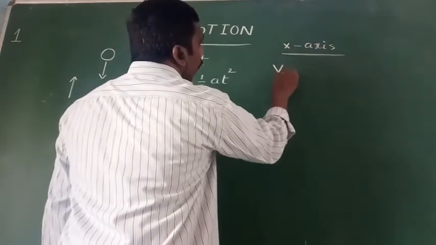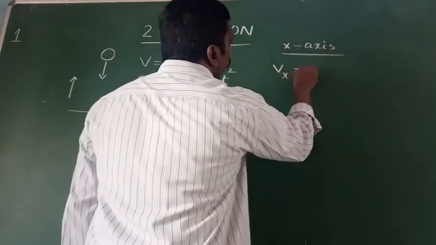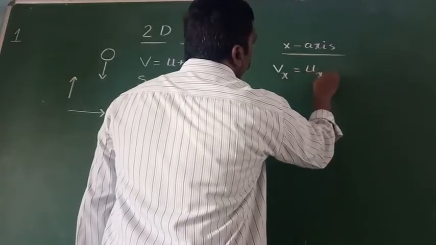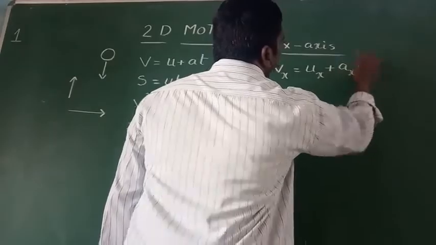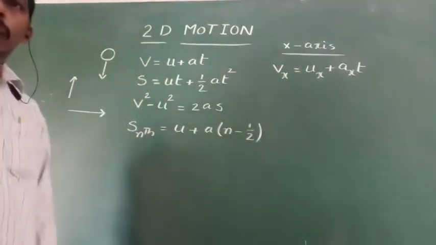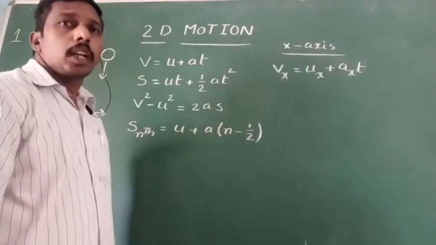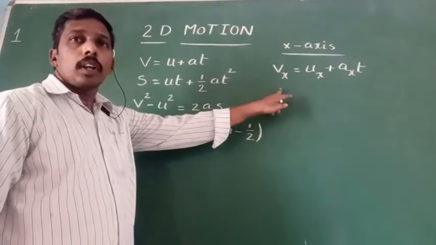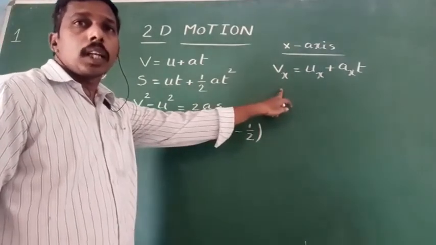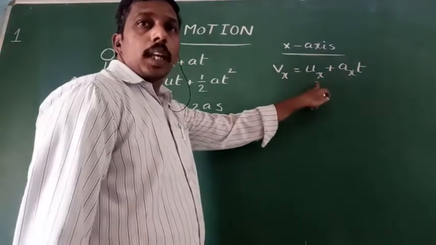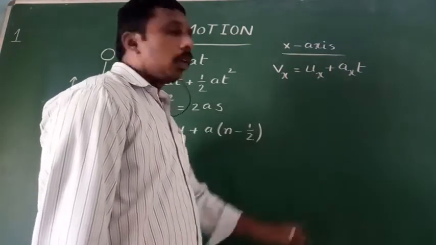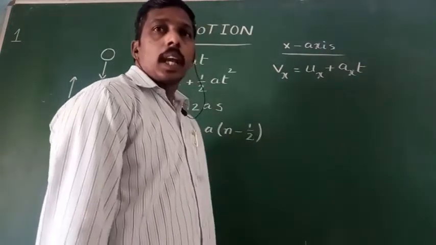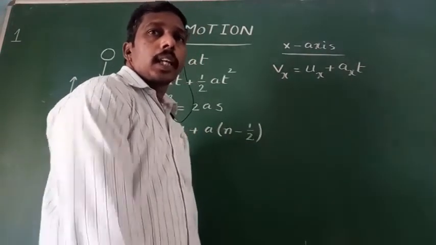Velocity along the x direction, Vx is equal to ux plus ax into t, where Vx stands for velocity after t seconds, ux is the initial velocity or velocity at t equal to 0, and ax is the acceleration along the x direction.